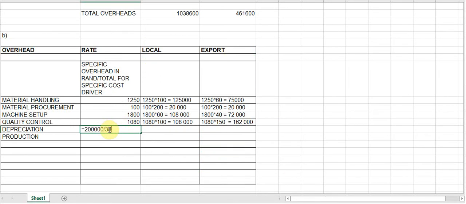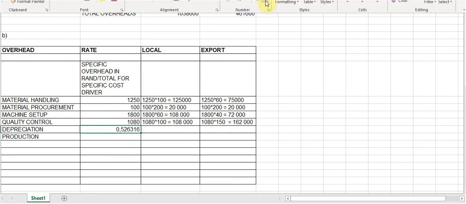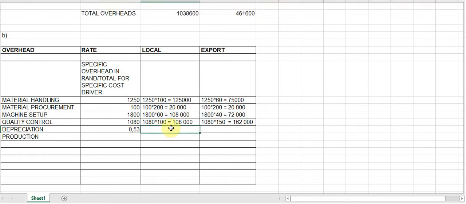That gives us again a figure that needs to be rounded because we work with money. I rounded to 2 decimals, and that gives us 53 cents. So I'm carrying the 53 cents to each of the products.